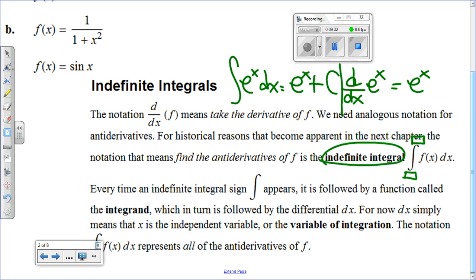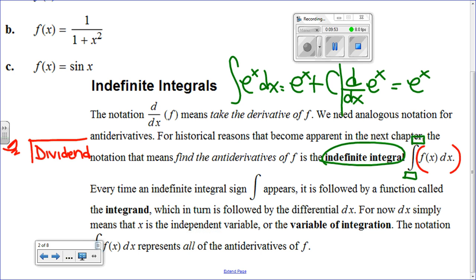All right. So that will be the indefinite integral, and then what we're taking the integral of is called the integrand. Right? Just like when we're dividing, we call this the dividend. Yes, this is the divisor because that's the one performing the division. So for the integral, whatever you take the integral of is called the integrand.